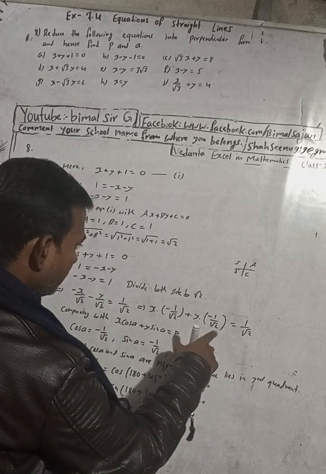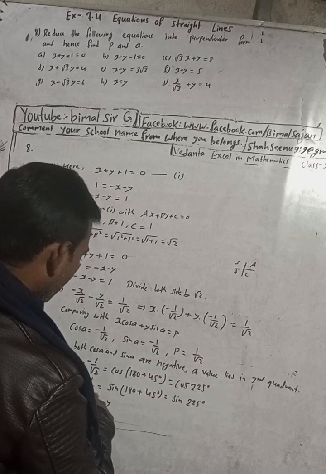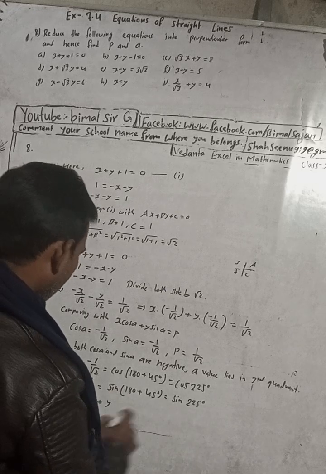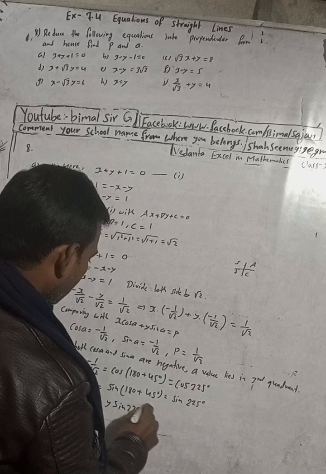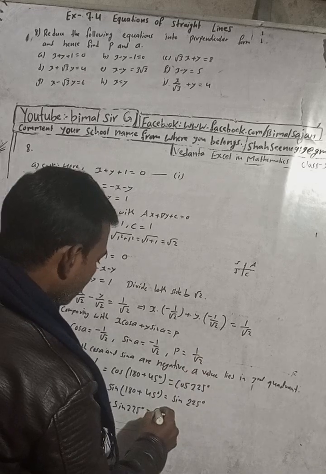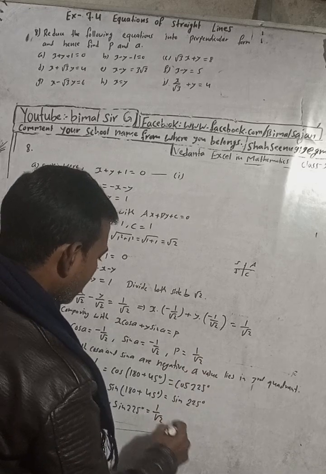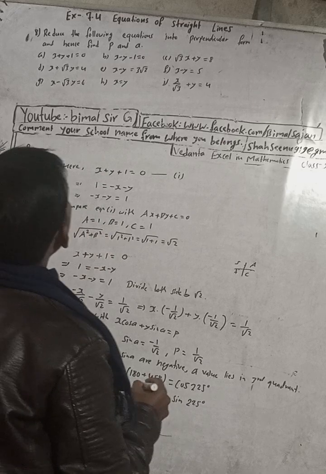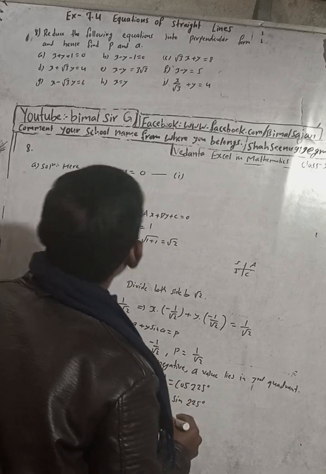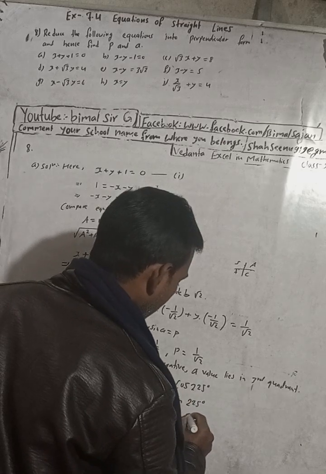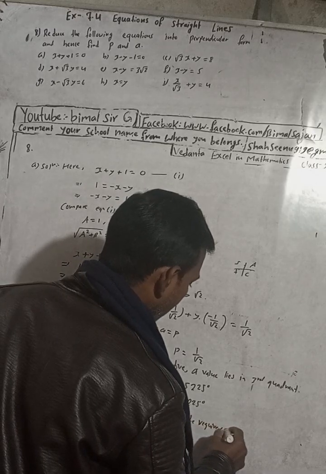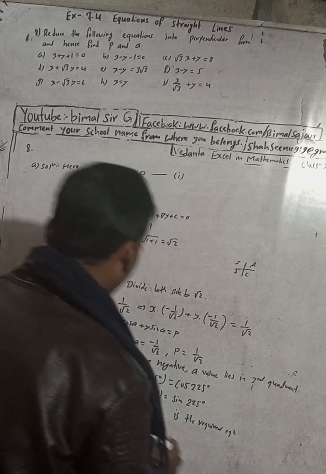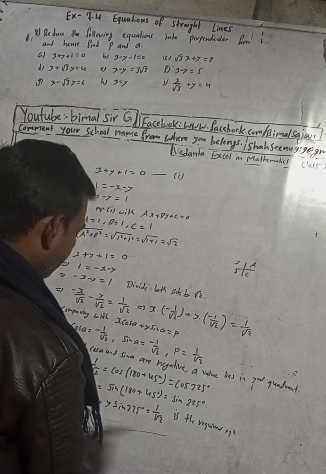In place of minus 1 by root 2 here, we can write sine 225 degree is equal to 1 by root 2. Okay, this is the required equation. Reduce the following equation into perpendicular form is the required equation. And from here we can now write.